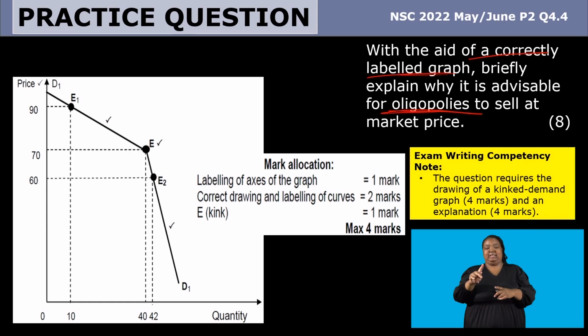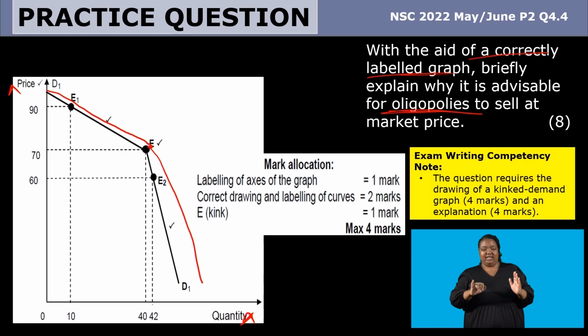So draw your axes and label them, price and quantity. Then the demand curve should have two segments: the upper segment that is relatively elastic and the lower segment that is relatively inelastic.